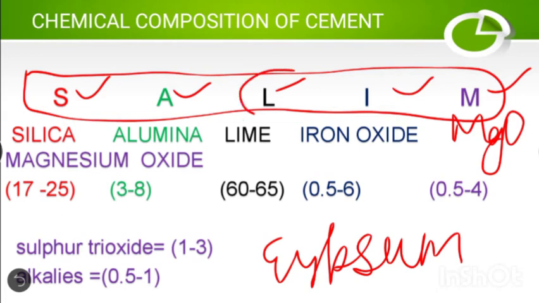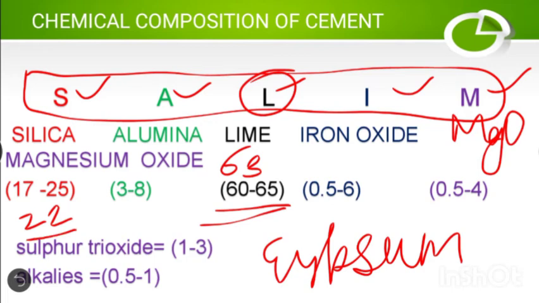Friends, the major and main component is lime, which is used up to 60 to 65%. Generally in OPC it is taken as 63%. And the second most important is silica, which in OPC is 22%, and 17 to 25% is its general proportion.